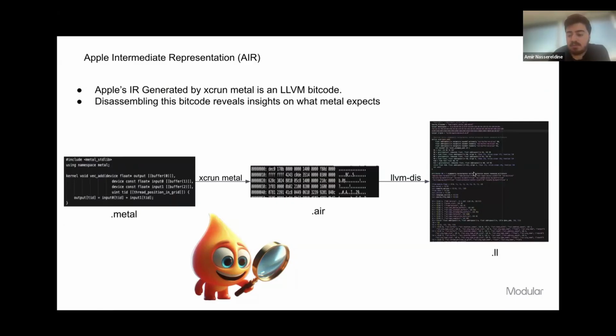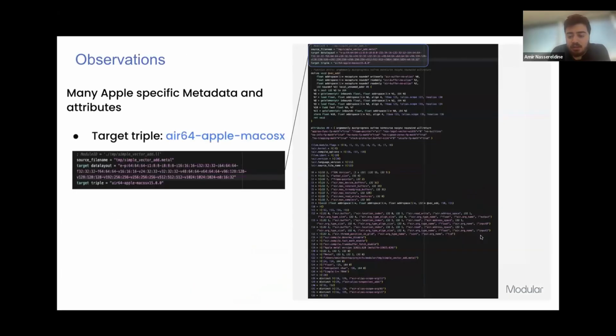So we try to disassemble it and we get something like this. I'll show this here. I'll focus on a few parts of this code. There's a lot of information here, but the main idea is, if we look at the triple, for example, we find out Apple requires air64-apple-macosx.